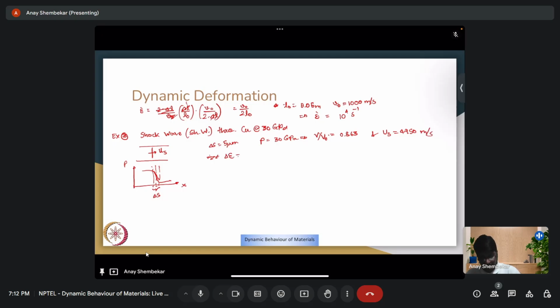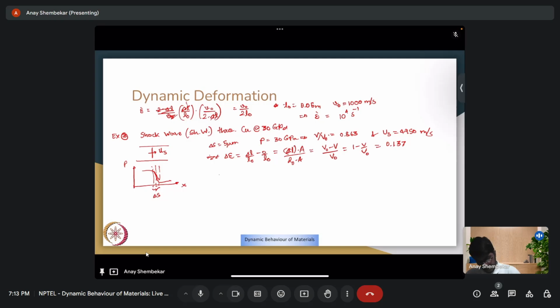Delta epsilon, as you have seen, is nothing but delta L by L naught minus 0 by L naught, which is delta L into area upon L naught into area, which is V naught minus V upon V naught, which is 1 minus V by V naught, nothing but 0.137.